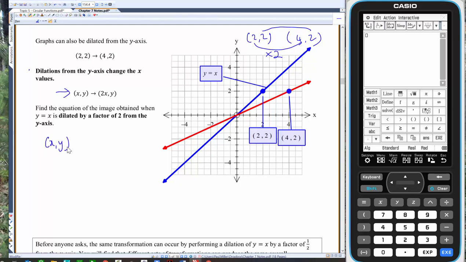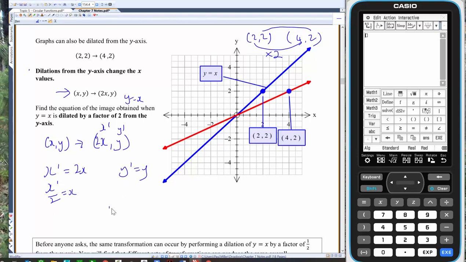(x, y) maps to (2x, y), x dash and y dash. All right, let's write it out. x dash equals 2x, y dash equals y. Our original function is y equals x, so I need to make x the subject. So x dash over 2 equals x, and we don't need to worry about this.